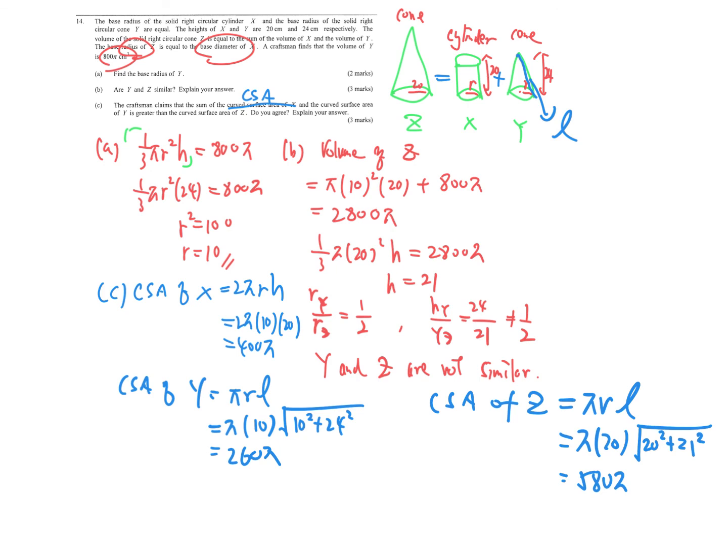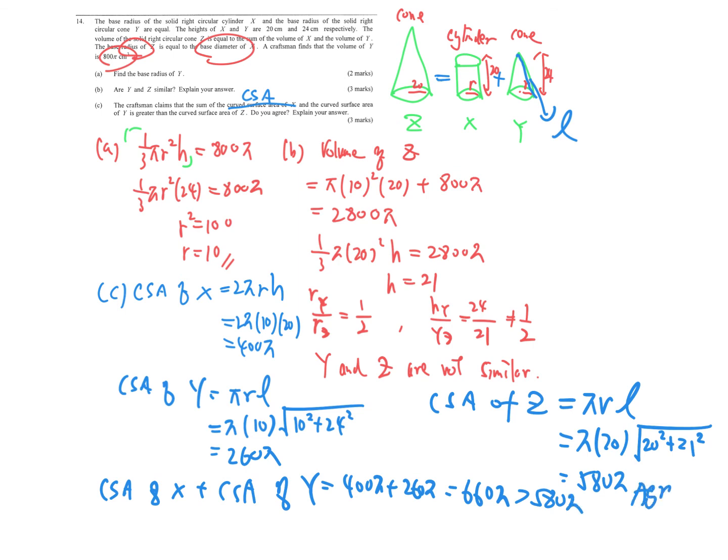After we find all the CSA, consider the CSA of X plus CSA of Y: it should be 400 pi plus 260 pi, so it becomes 660 pi. Of course, this is greater than 580. So finally we agree with the claim.